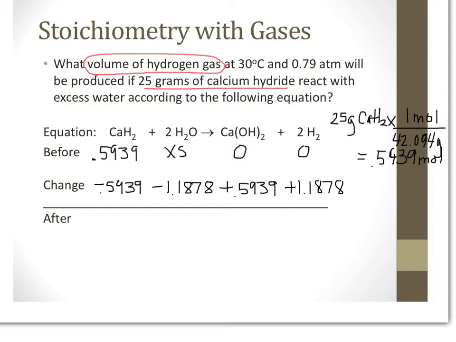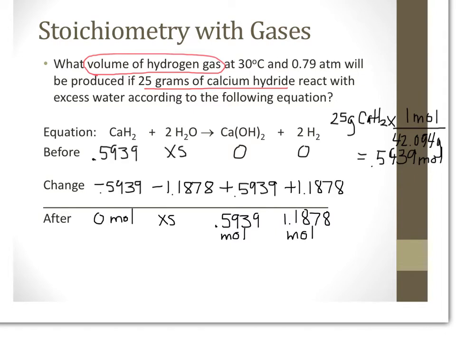And we'll just complete the BCA table. There is no calcium hydride left at the end. It's all been used up. There will be excess or leftover water. We've formed 0.5939 moles of calcium hydroxide, and we have formed 1.1878 moles of hydrogen.